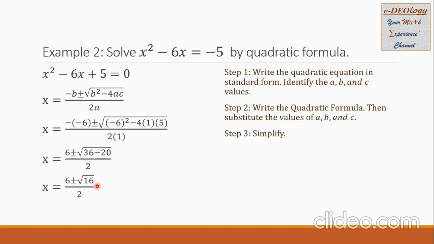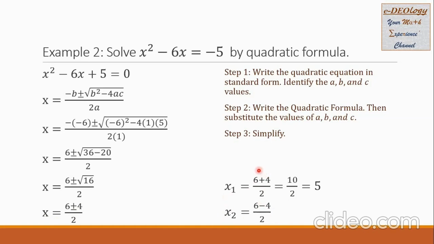It is now 16. So our radical now is square root of 16. And then we can simplify the square root of 16 into 4. And from this point, we're going now to split the plus and minus sign to get the two values of x. X sub 1 equals 6 plus 4 all over 2, and x sub 2 equals 6 minus 4 all over 2.